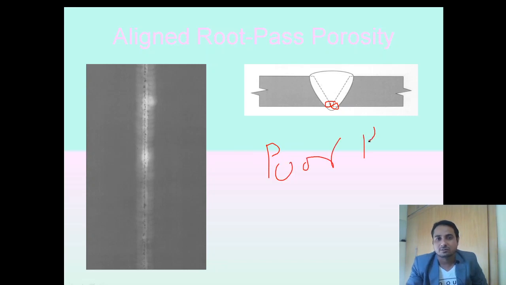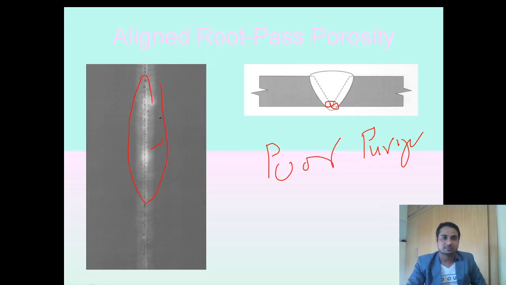Now aligned root pass porosity. If there is porosity in the root pass, it means poor purging. If you are providing the purging and it is poor, then there may be chances of aligned root pass porosity on the other side, the root side, and it will look like this.